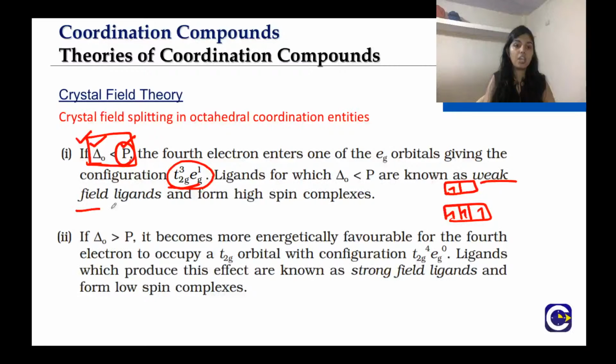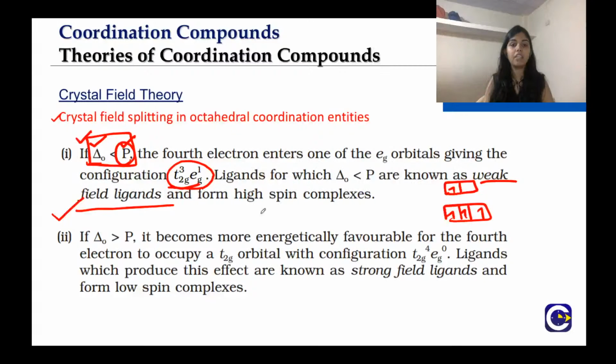So this is the description of weak field ligand and strong field ligand, which was not explained by valence bond theory, right? So it was explained by crystal field theory rather, that weak field ligands are those ligands in which the pairing does not take place because the pairing energy is higher than that of the delta O or the crystal field splitting in octahedral complexes.